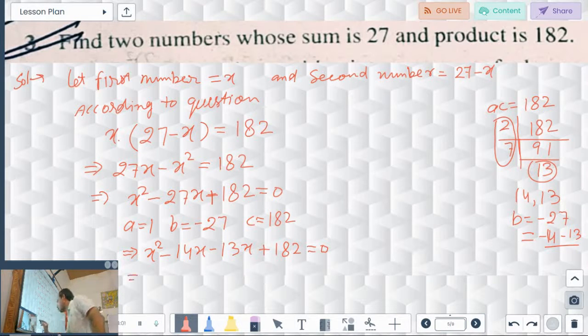Now we can take common x: x into (x minus 14), minus 13 into (x minus 14) equal to 0.